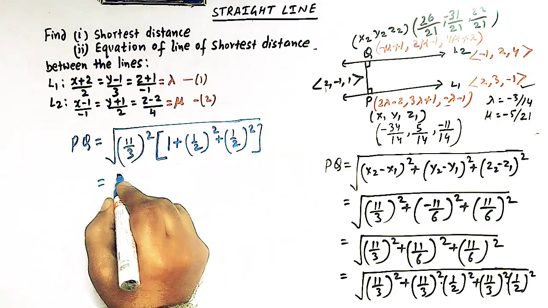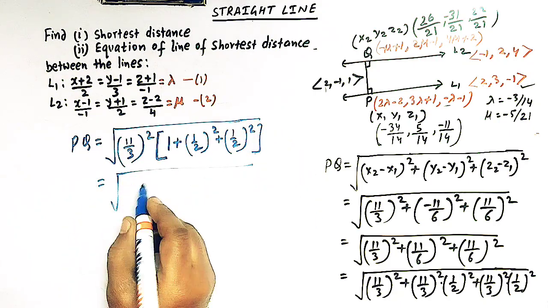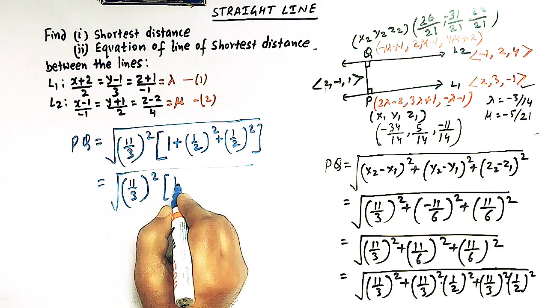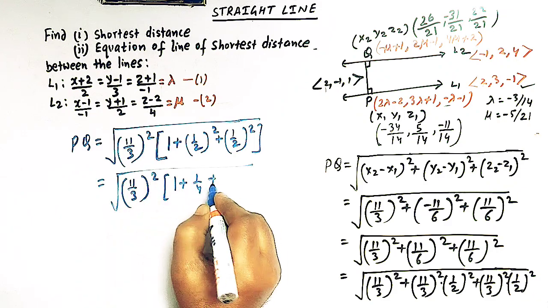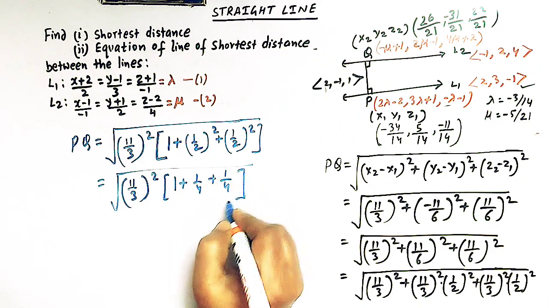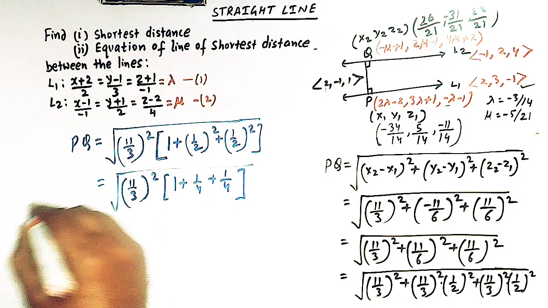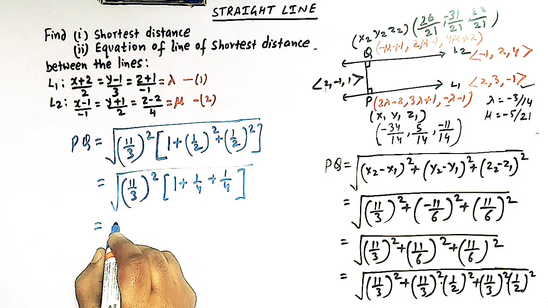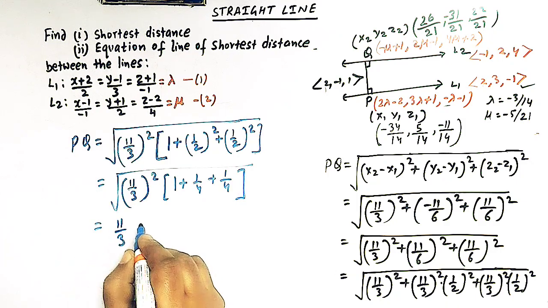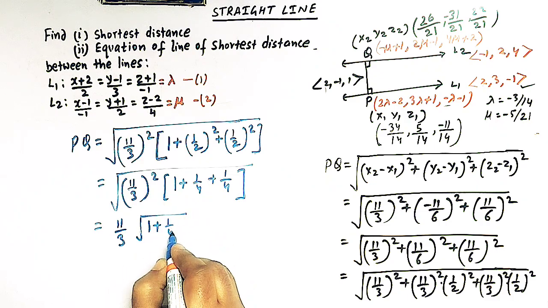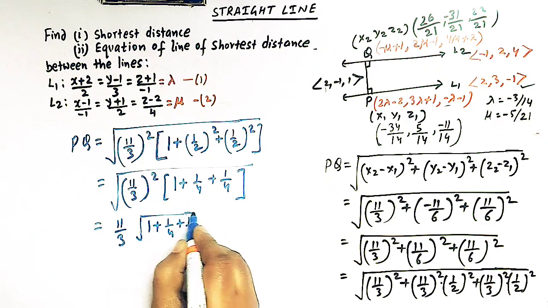So simplifying, we have here (11/3)², and then we have 1 plus 1/4 plus 1/4. So taking 11/3 outside the square root sign, we have 11/3, and then we have 1 plus 1/4 plus 1/4.